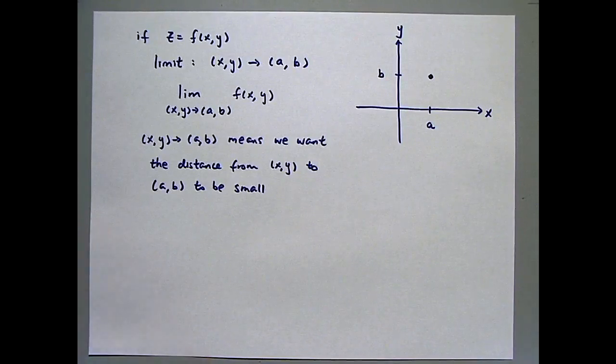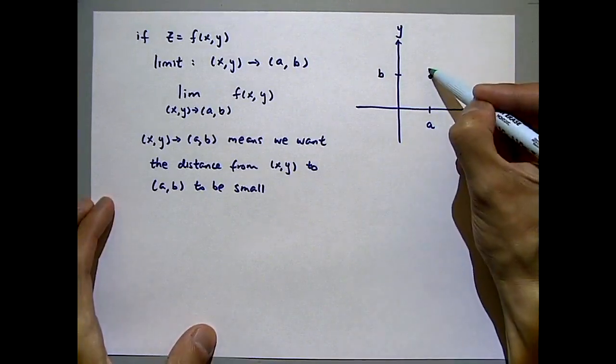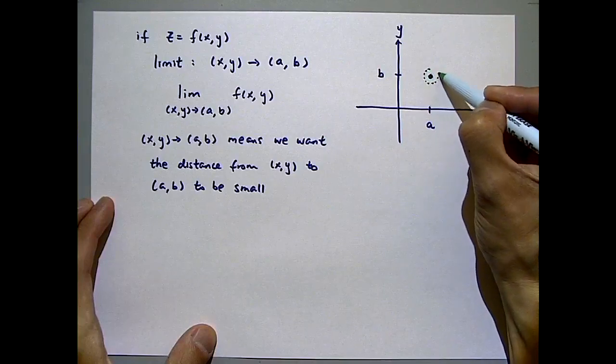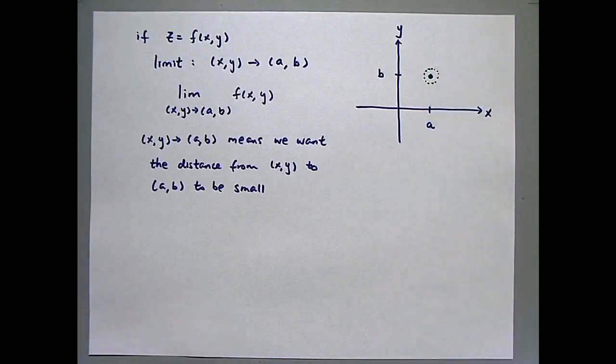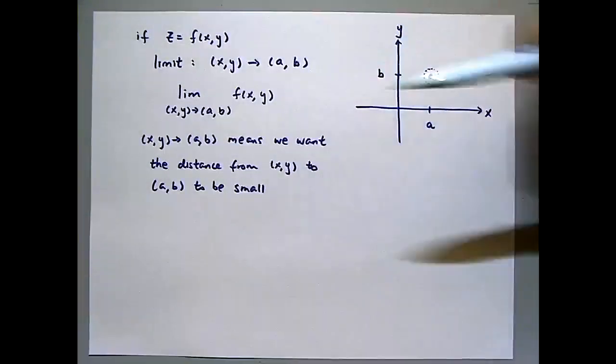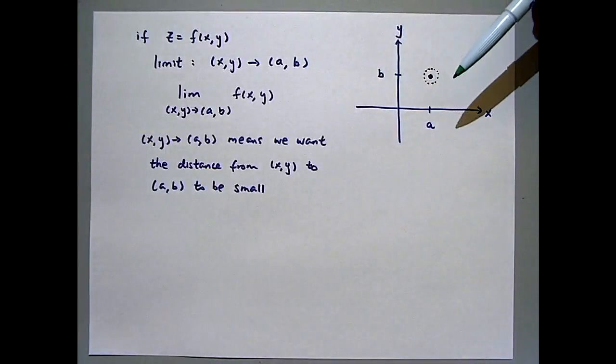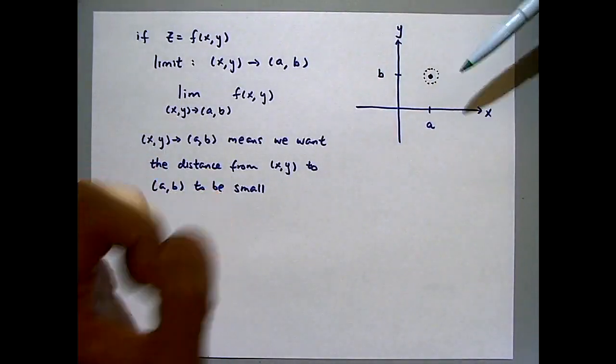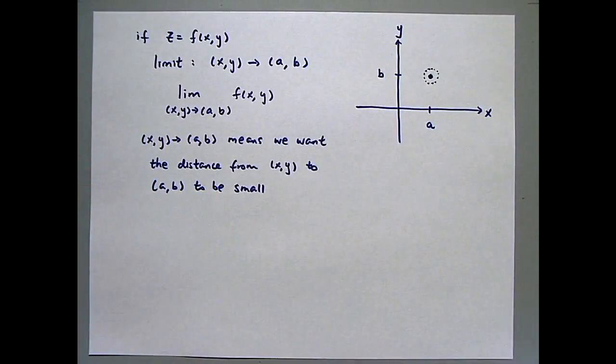And when you talk about the distance here, we're talking about a small circle, basically. So imagine a tiny little circle around that point, a comma b. What we want to do is to bring a point, x comma y, into that circle, and we keep shrinking that circle. And simultaneously, we look at what happens to the value z.